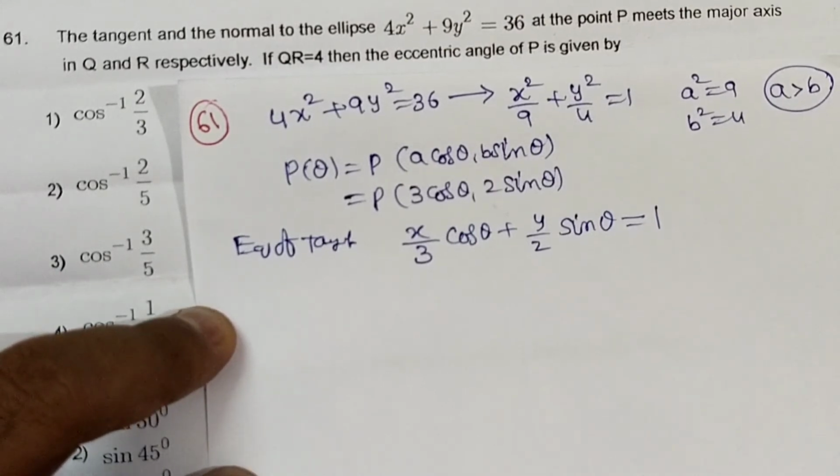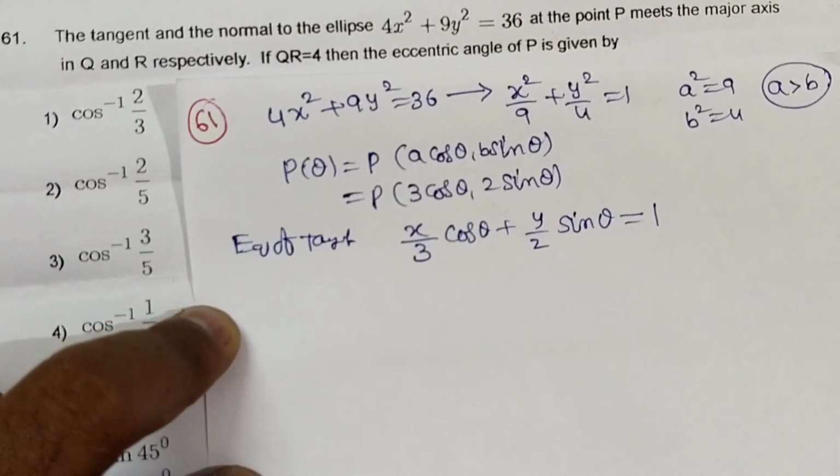Now the equation of normal at P of x1 comma y1, or in terms of parametric form: ax by cos theta minus by by sin theta equal to a square minus b square.